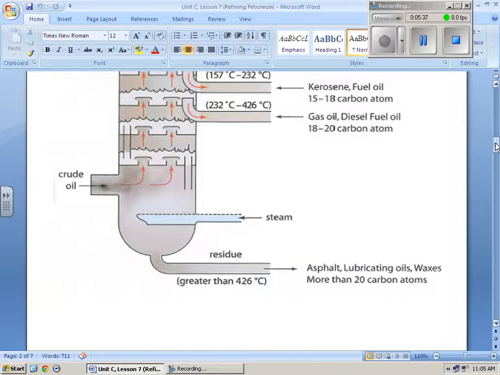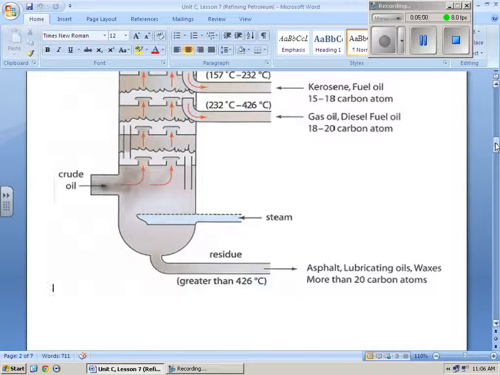Let's say the hydrocarbon has a boiling point of 500 degrees Celsius. Is 426 degrees Celsius enough to turn a hydrocarbon that boils at 500 to a gas? No. So it's going to fall down to the bottom here, and it's going to be a liquid, all right?